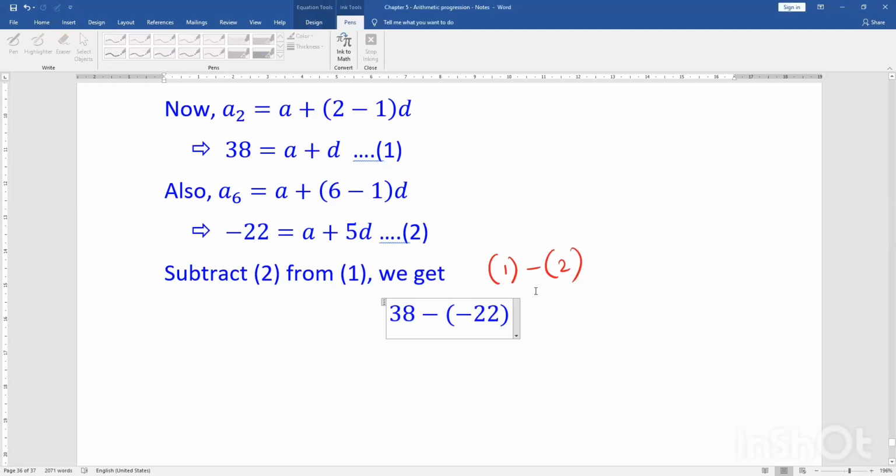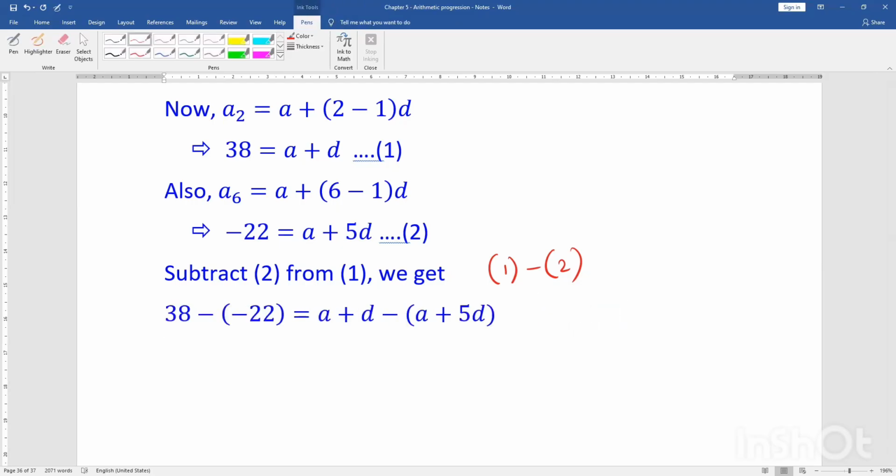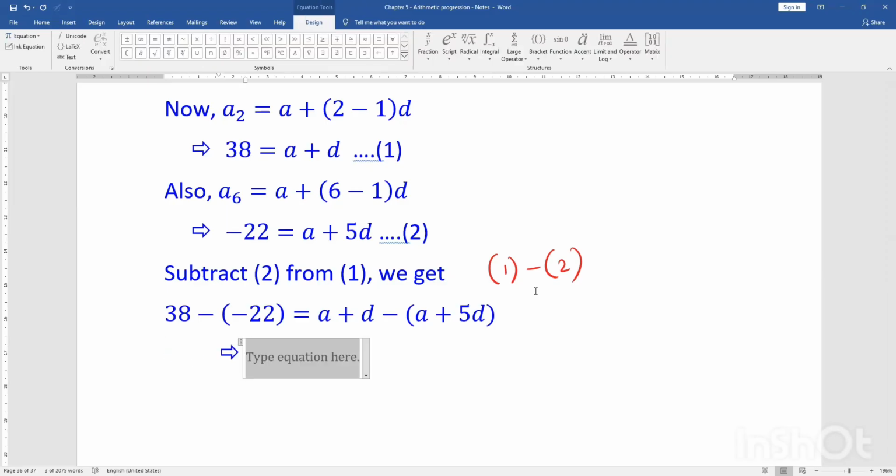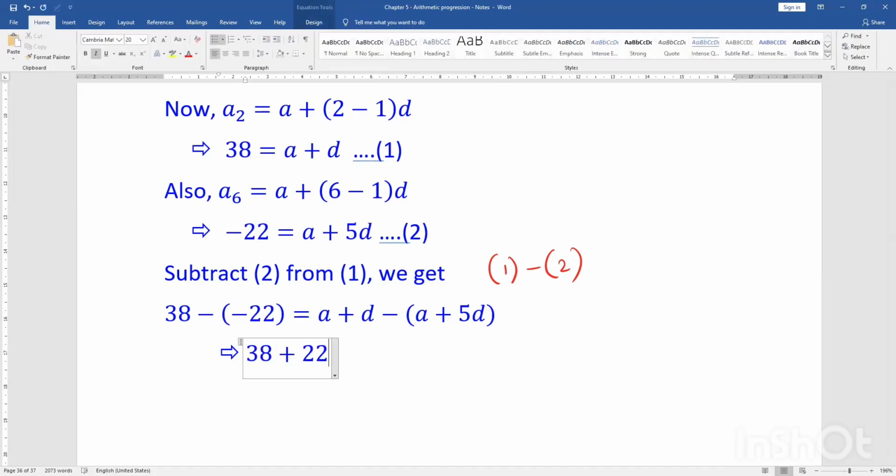So it's equal to A plus D minus of (A plus 5D). So now we get 38 minus of minus 22, means it is 38 plus 22 equals A plus D minus A minus 5D. Okay.